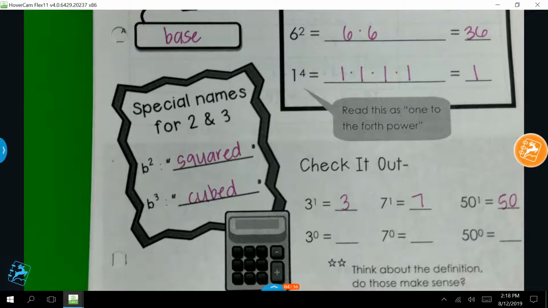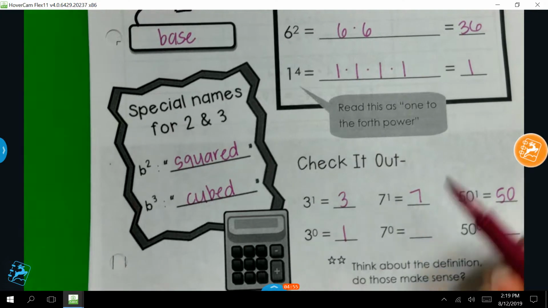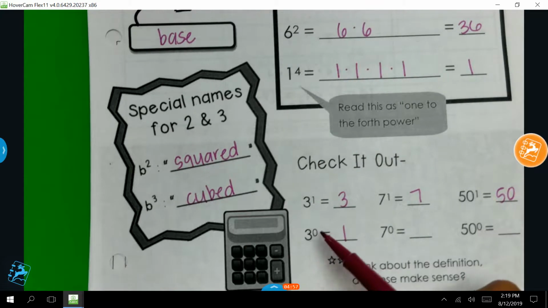Mari. Is it still 0 because every time you multiply by 0, it's 0? Rex. It's 1. Why? That's just the rule. It's 1. If you think about it, that exponent is telling you how many times to multiply the base by itself.